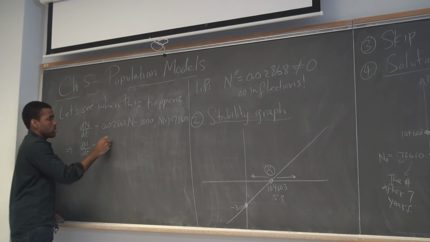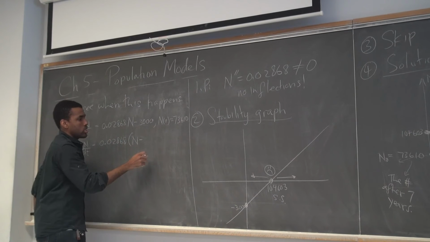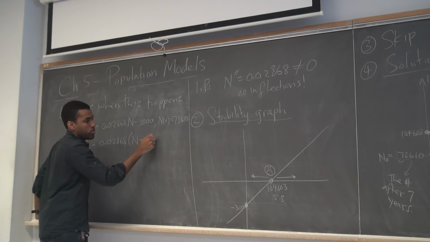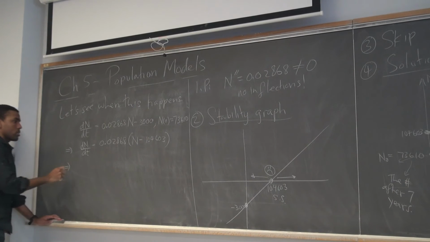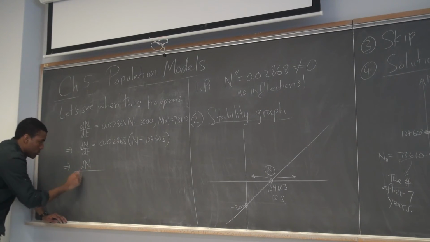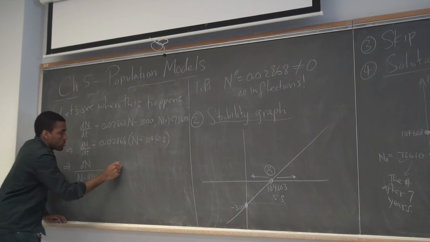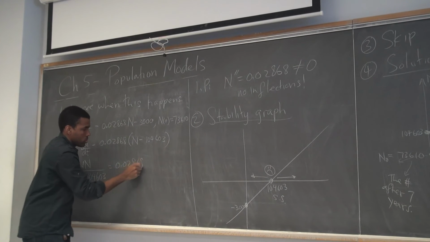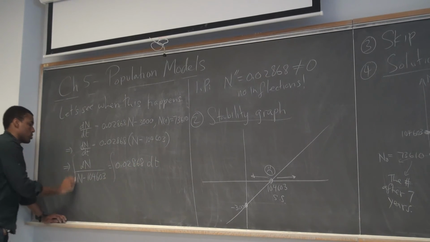This means factor out this guy, and this was 104,603. And divide by that, dn, integrate both sides.